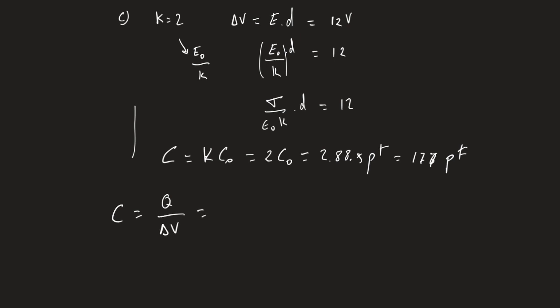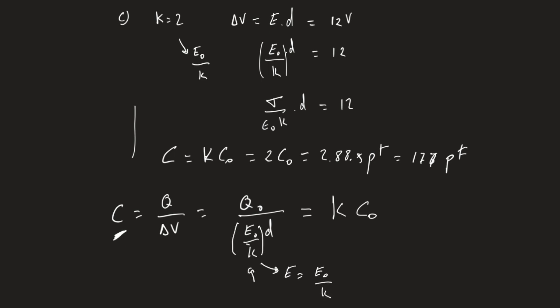The charge that was placed before was Q0 divided by delta V. But delta V now involves an electrical field that is diminished by a factor of K, because with the dielectric, the electrical field E inside is E0 divided by K. So at the end it is K times C0.